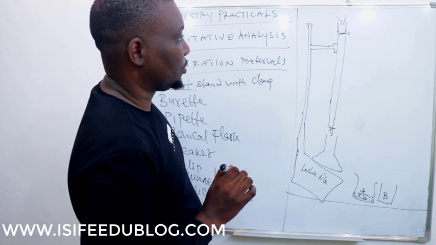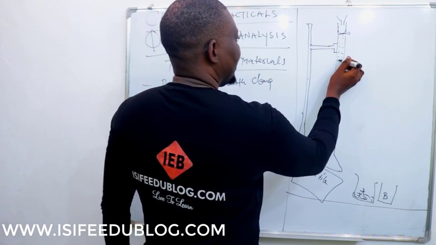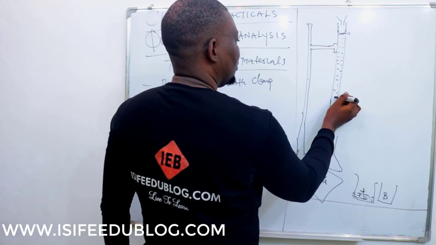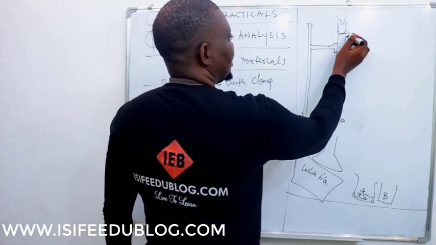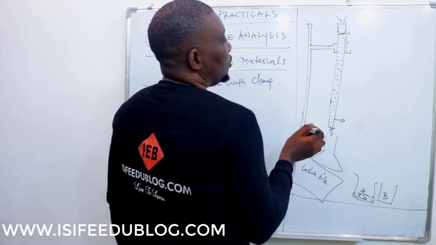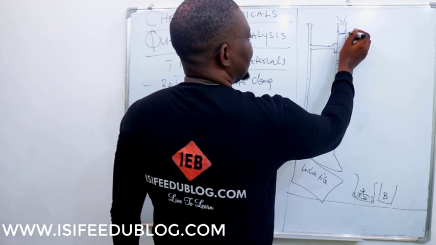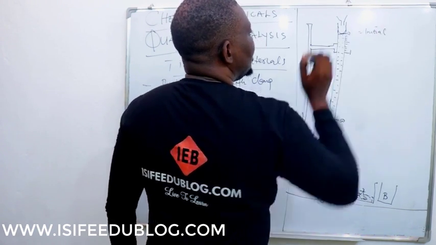So the solution, or the titrant, is in here in your burette. And make sure you know that your burette is calibrated. It's 50 cm capacity. It starts from 0, 1, 2, 3, 4, 5. At this point, this is your initial reading.